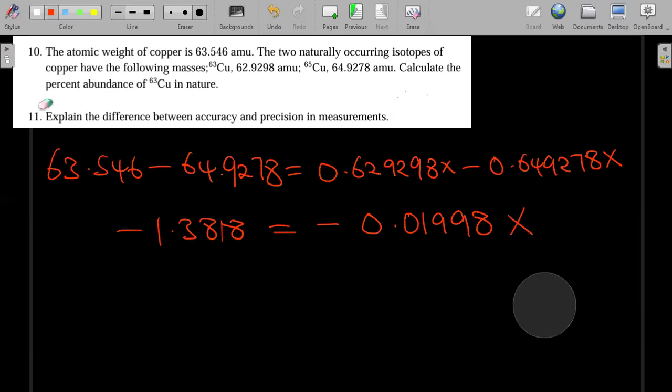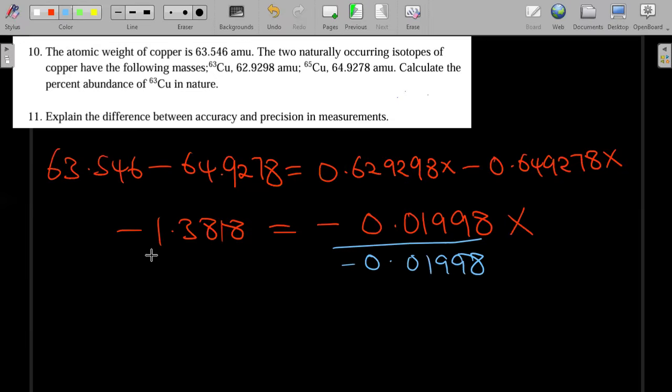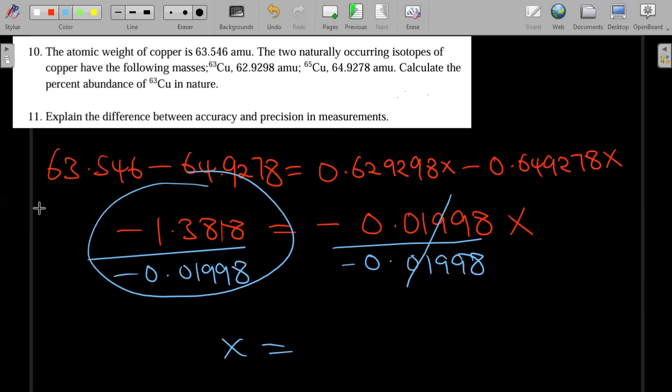Okay, so I'm just going to divide both sides by this number. So I'll divide this by 0.01998. Even on the other side, minus 0.01998. So it means x will just be equals to, this will cancel each other, and then we can punch this on the calculator.